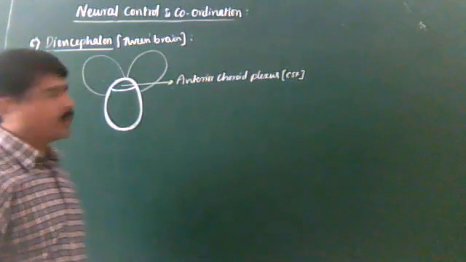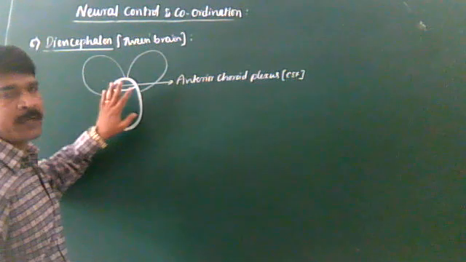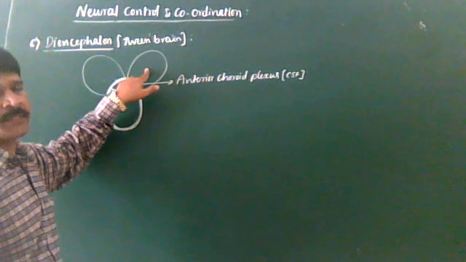Got it? What I'm telling. So, the diencephalon is a small rounded area present above the midbrain, covered dorsally by cerebral hemispheres.